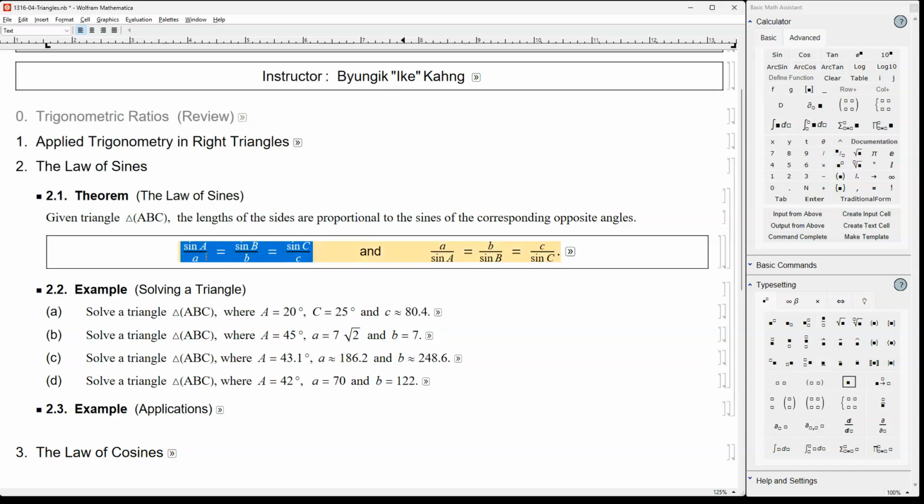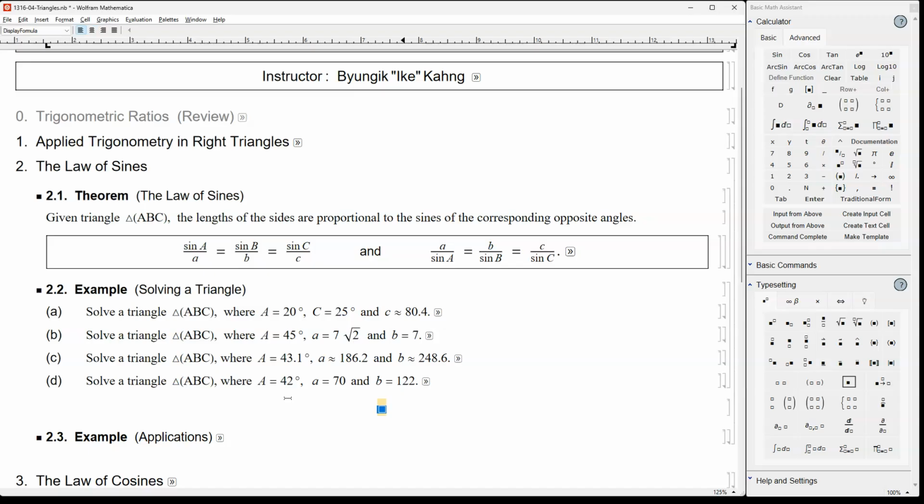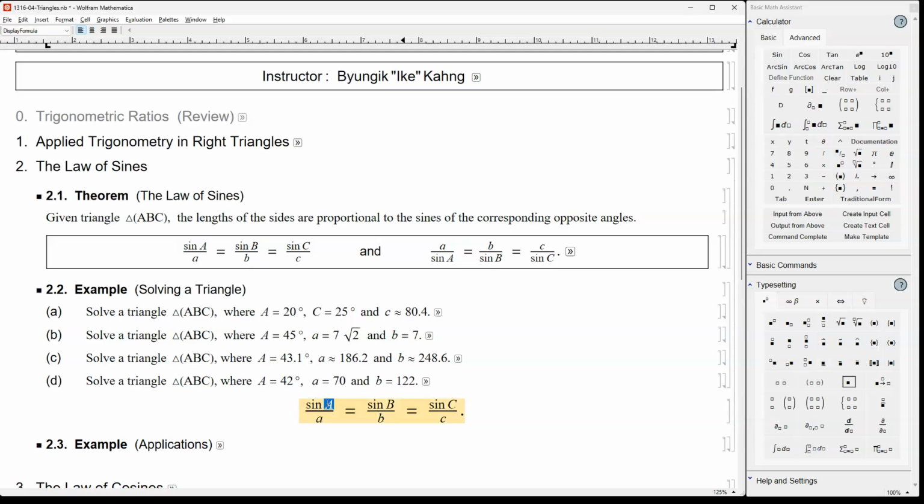So what am I talking about? It's going to be a similar situation as before, like this. And then we know capital A, that's 42 degrees. And A is 70 units, all right. And B is 122 units.